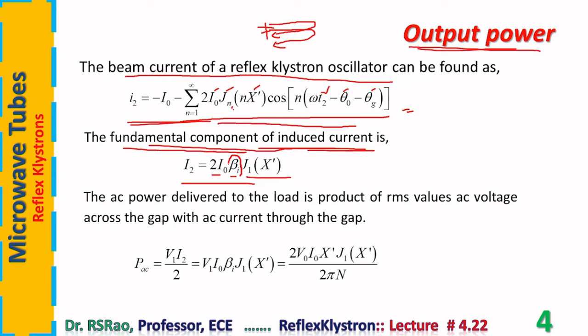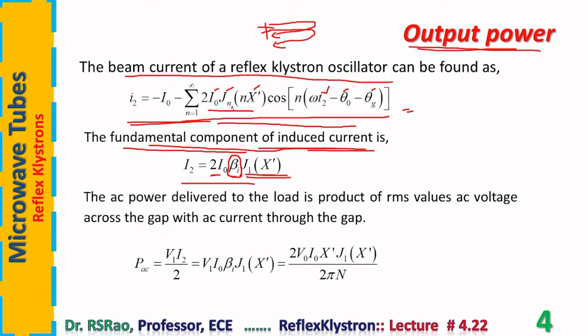Beta I takes care of the coupling between beam or bunch current and cavity gap walls. Whereas 2I0 J1 x prime is the fundamental component in the beam or bunch current. It results when N is used here.